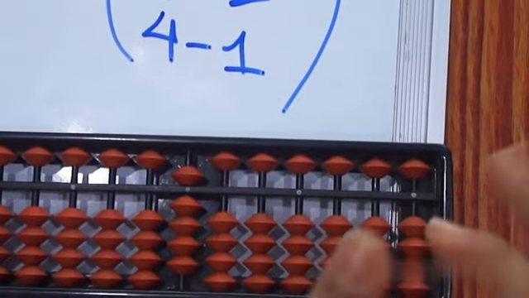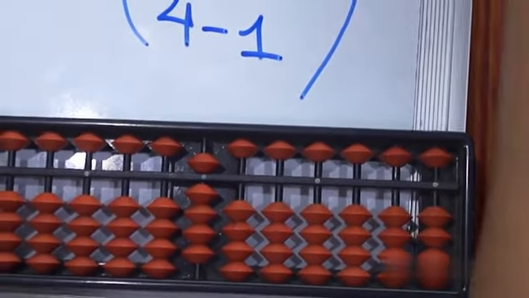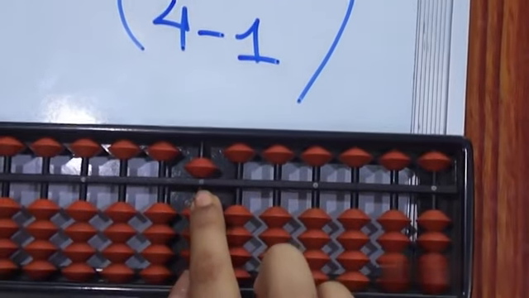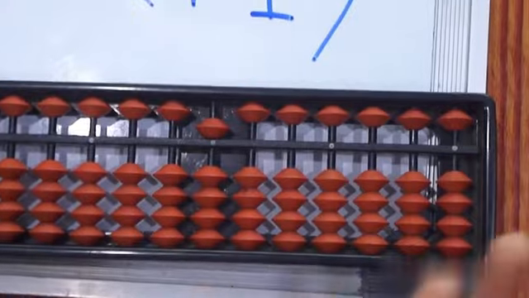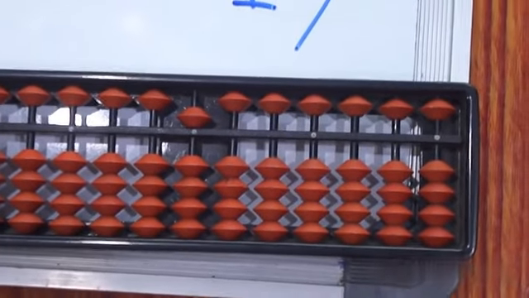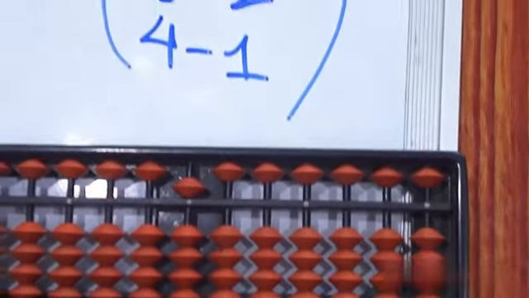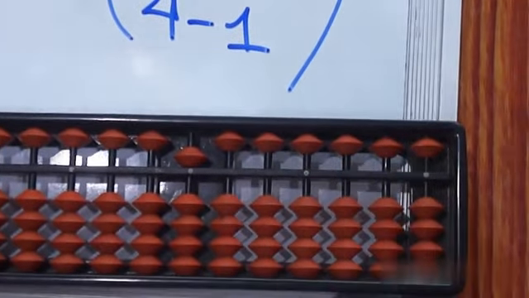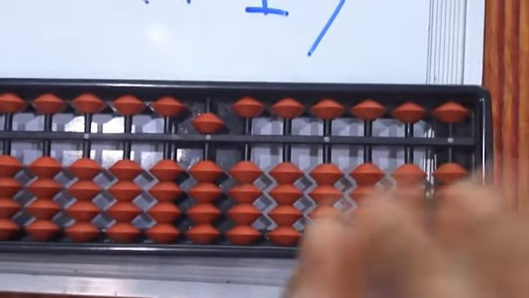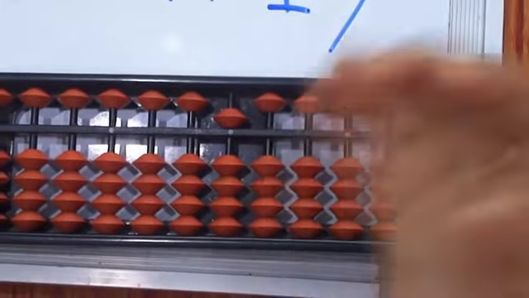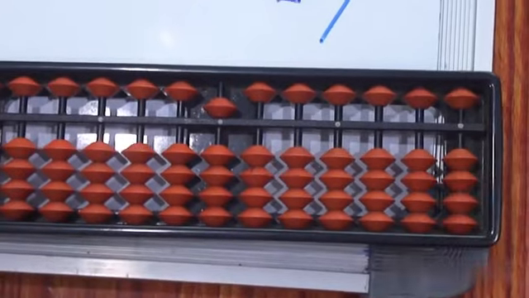So what am I adding? 1. What's 1's friend? 1's friend is 4. So I will be just lessing 4. So the simple formula is add the small boss, less the friend. Add the small boss, less the friend. Just keep that in your mind. You have to add the boss and less the friend.